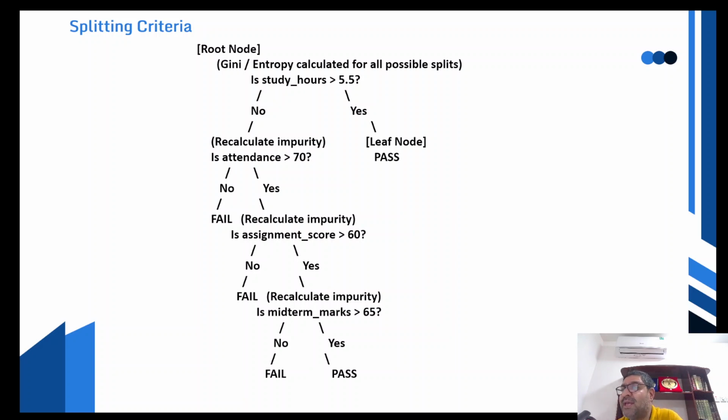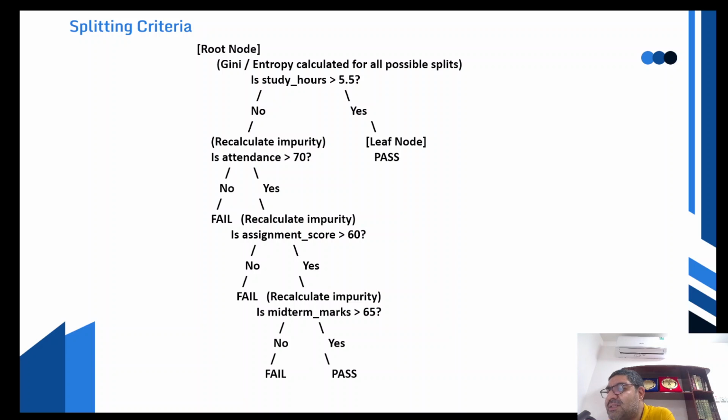I'll be showing you both examples. So we recalculate this. Is attendance greater than 70? If no, then it's simply going to fail. If yes, then it will again recalculate the impurity.